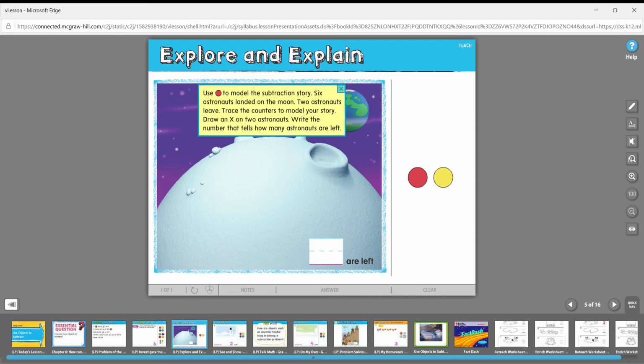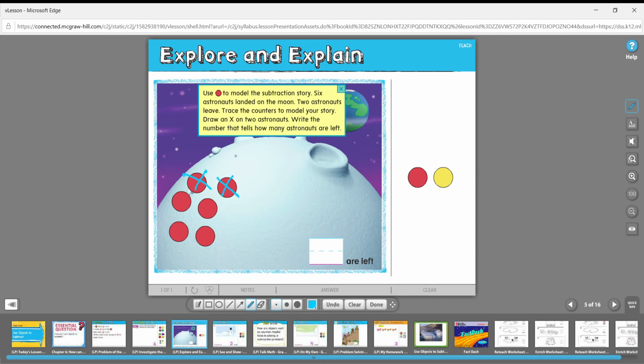6 astronauts land on the moon. 1, 2, 3, 4, 5, 6. 2 astronauts leave. Let's put an X on the ones that leave. 1, 2. Trace the counters to model the story.